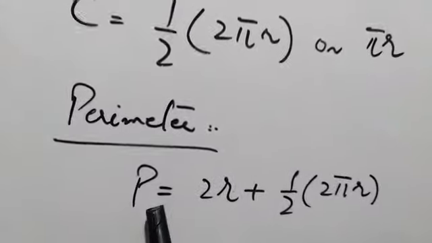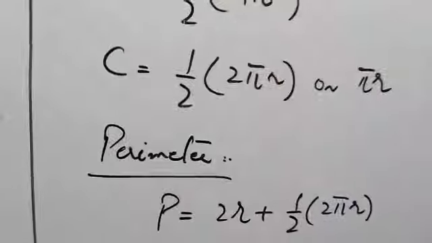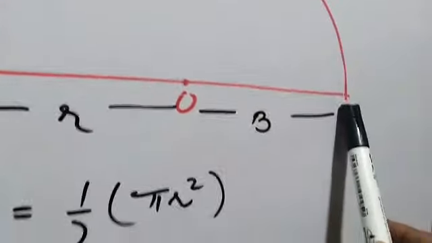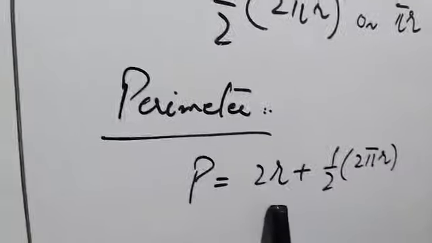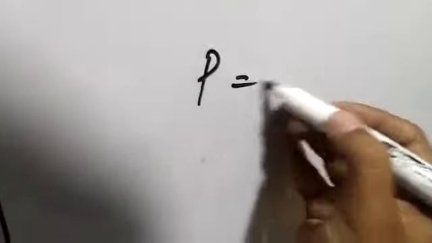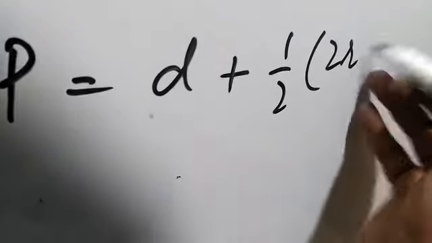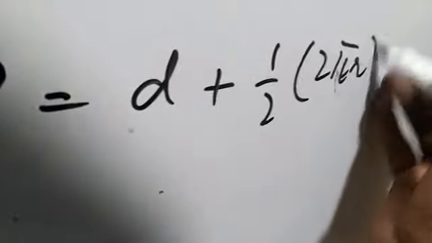So perimeter means the circumference of the semicircle, 1 upon 2 of 2 pi r, plus 2r. Or we can write P is equal to D plus 1 upon 2 of 2 pi r. Is it clear? So it is known as the perimeter.